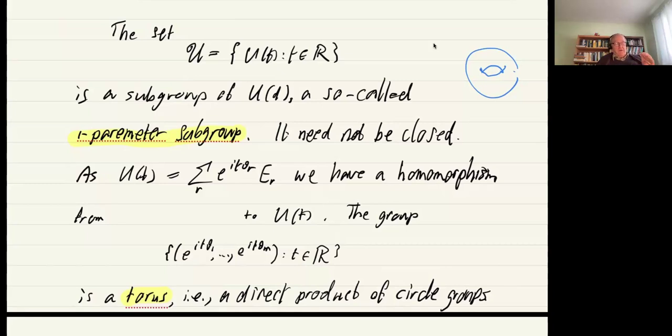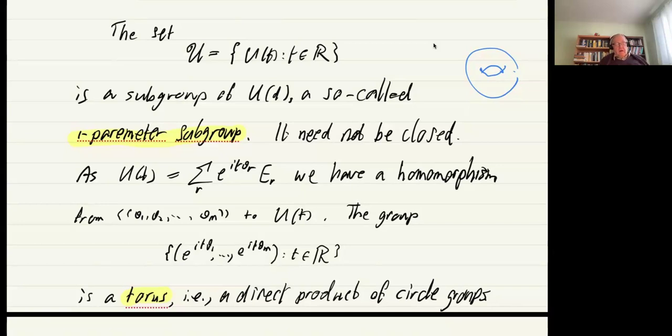So U(t) is determined by the points theta_1, theta_2, up to theta_m. So if you give me theta_1 through theta_m, I can write down the eigenvalues e^{i t theta_r}, and so I can write down U(t).